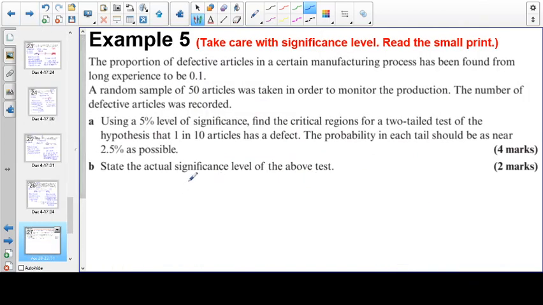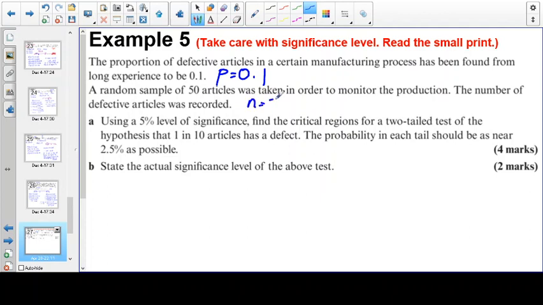Now this is slightly different, and there's some red writing. Take care with significance level, read the small print. I've put this on purpose. The proportion of defective articles in a certain manufacturing process has been found from long experience to be 0.1. So this is our p-value. A random sample of 50 articles was taken in order to monitor the production and the number of defective articles recorded.